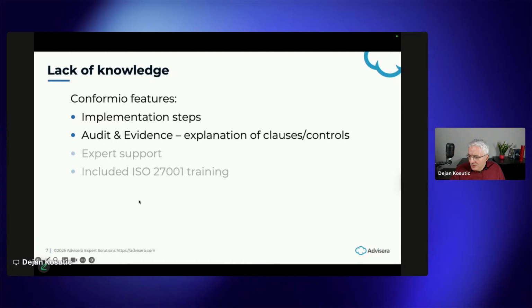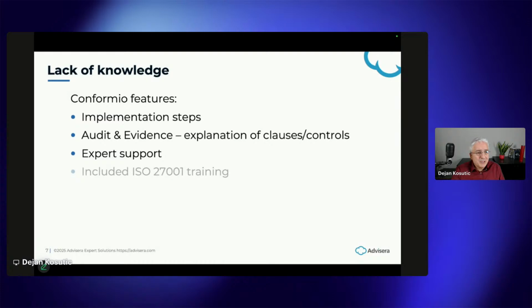What is also included in Conformio features is expert support. This means that you're not dependent solely on the software. We also included in this package support from our live experts, people, not only some AI thing. This is where you can schedule a call with our expert and ask questions.